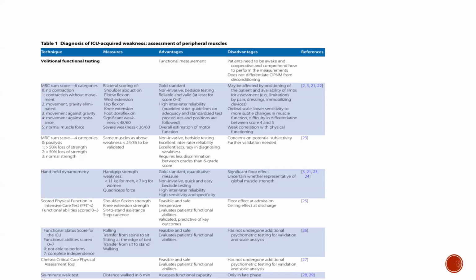First is the MRC sum score, then handheld dynamometry, then the Physical Function in Intensive Care Test scored, then the 6-minute walking test, and the Chelsea Critical Care Physical Assessment too.